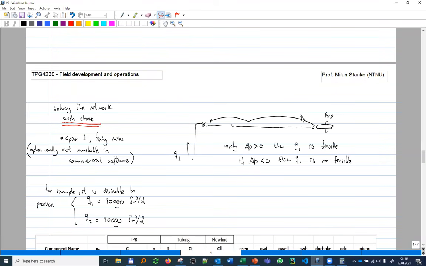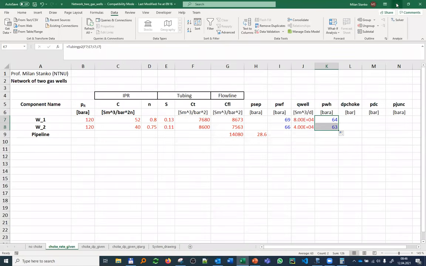And now I have to go from the other point, the other boundary where my pressure is known. I have to go back to the choke. So for that, I'm going to sum to find out what is the rate going through the flow line.